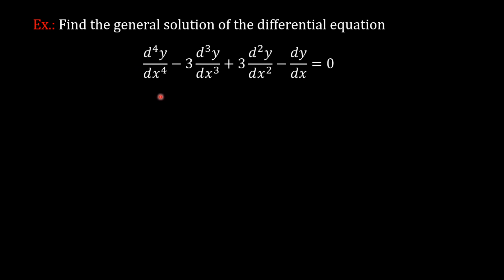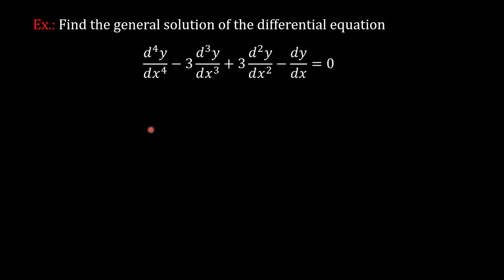Find the general solution of the differential equation d raised to 4y upon dx raised to 4 minus 3 into d cube y upon dx cube plus 3 into d square y upon dx square minus dy upon dx is equal to 0.